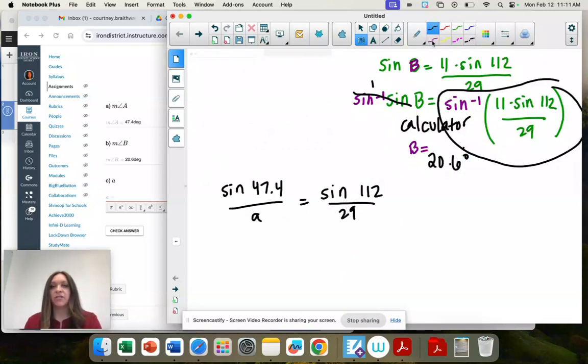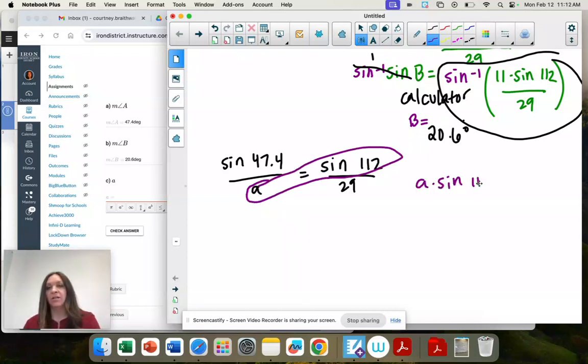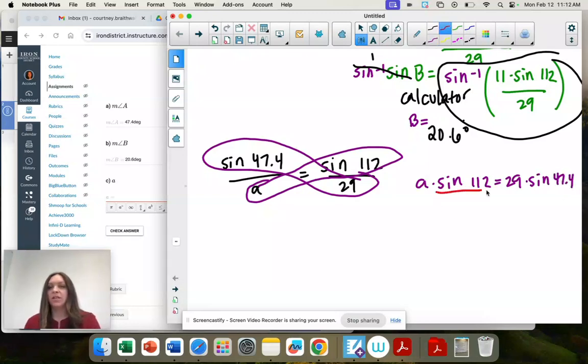Now we're going to solve for side A. So I'm going to cross multiply: A times sine 112 equals 29 times sine of 47.4. And we're going to get A by itself, so divide both sides by sine of 112.